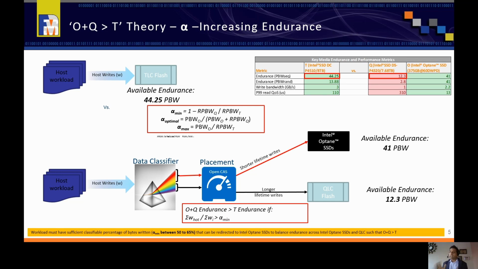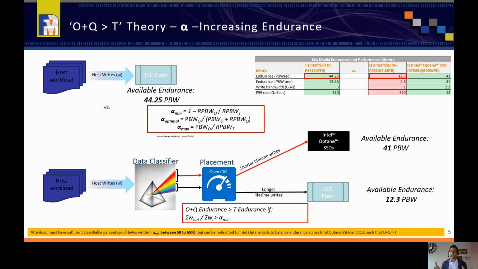To QLC, we can only write 12.3 petabyte out of this 44.25. The rest must go to Optane. And if this workload is not pure sequential and rather random, you might only get 13.88 petabytes out of TLC. So let's see what we need to do to achieve this balance.